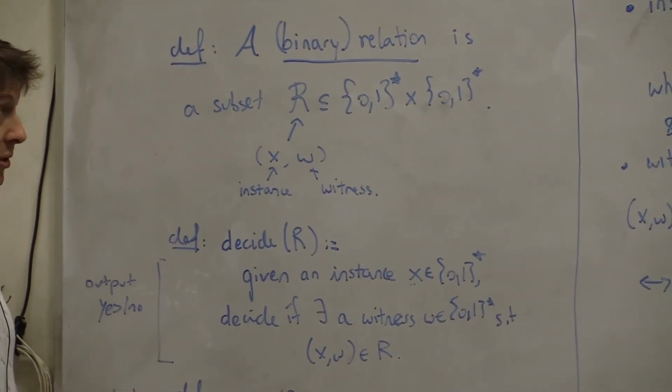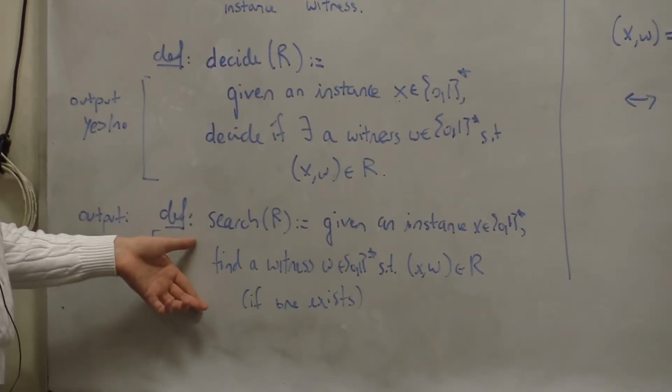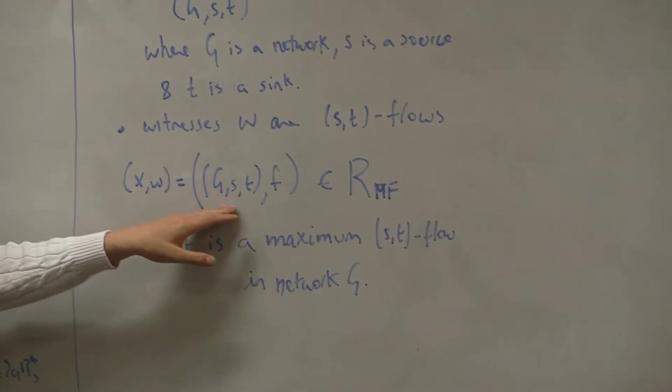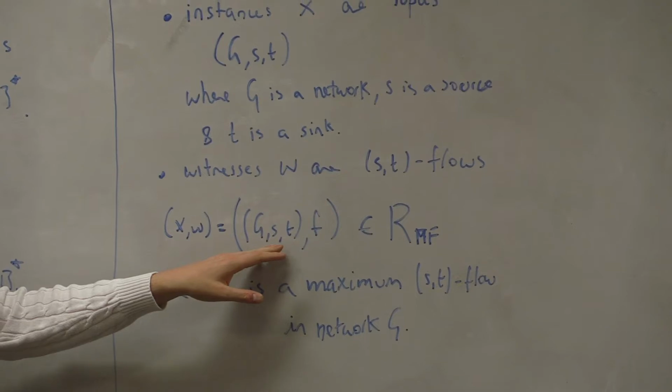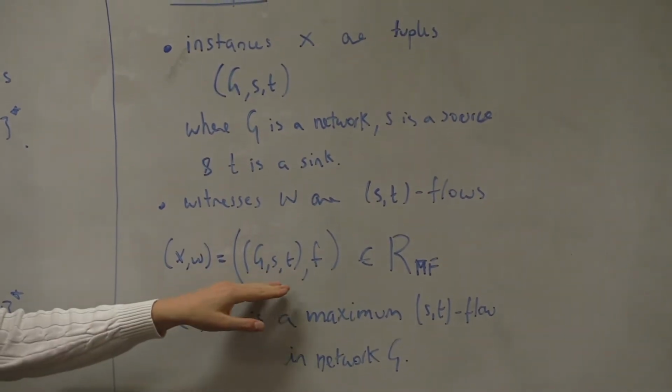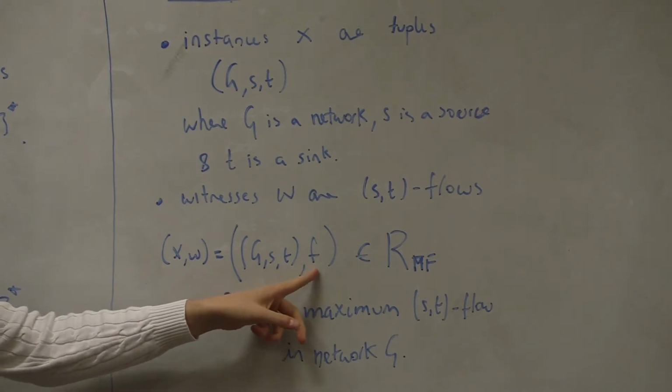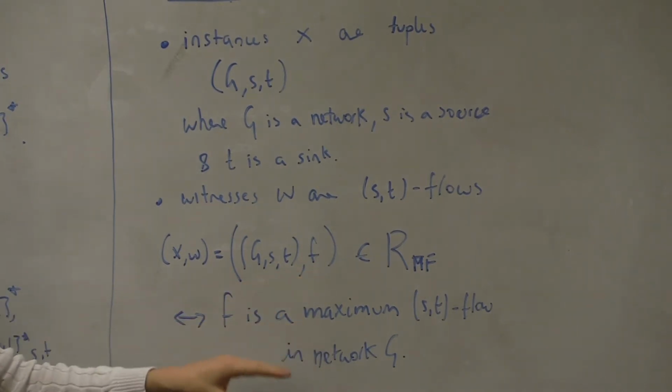Now the search problem associated to this binary relation is interesting because it says, given an instance, in this case the network together with the source S and the sink T, please find a witness, in this case an ST flow, such that it is maximum on the network.